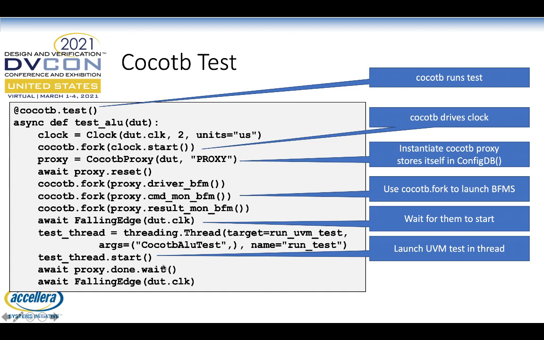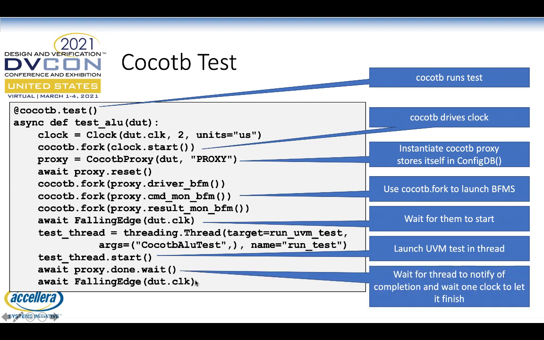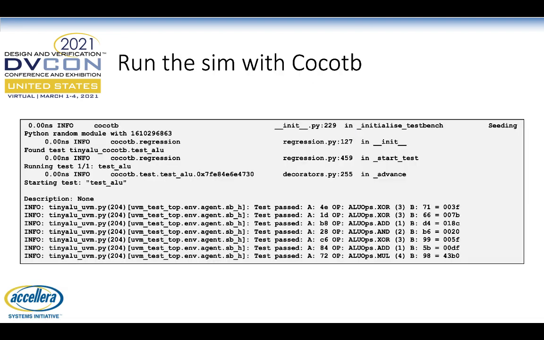We start the thread, and then we wait on the proxy's done event, waiting for set to get called in pyuvm, and then we wait for a clock, and we're done. The test is finished. And the result is you run make sim in CocoaTB, and you get CocoaTB running. In this case, it's running on Icarus on my Mac, and you get out what you expect. The tests are passing, and the thing is working.